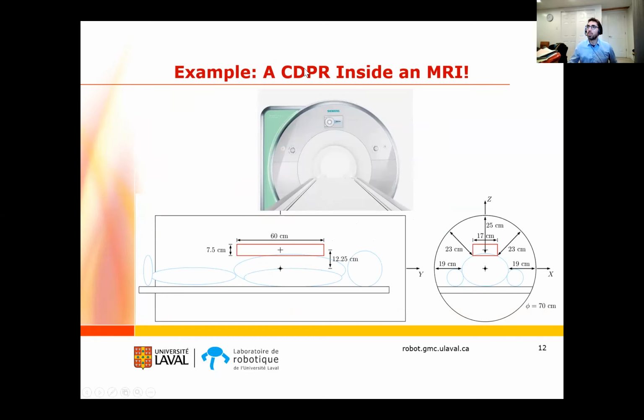So we went to design a CDPR to work inside an MRI. Why? This is a bit of a strange problem because you don't have much space inside an MRI to fit a cable robot.